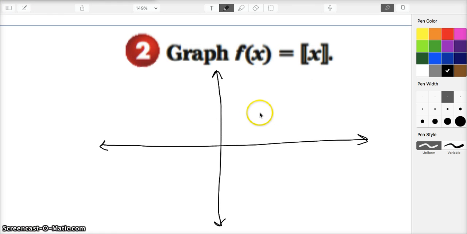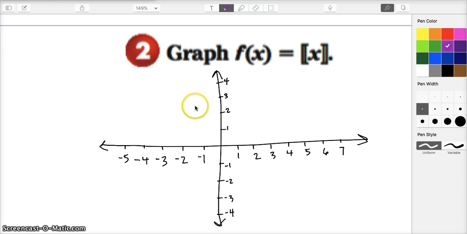So example 2 is just asking us to graph f of x is equal to, and remember this kind of double bracket vibe would be the greatest integer function. And so we're just going to do what we did last time. Mentally, we're going to think about where to put these x values. So when the x value is 0, y is 0. When the x value is 0.5, y is still 0. As soon as we get to 1, in a sense, our graph pops up to 1.